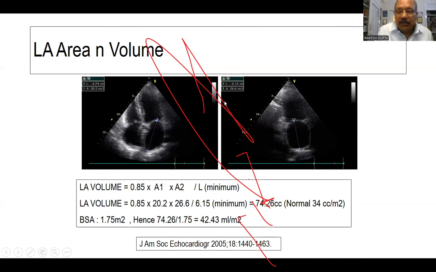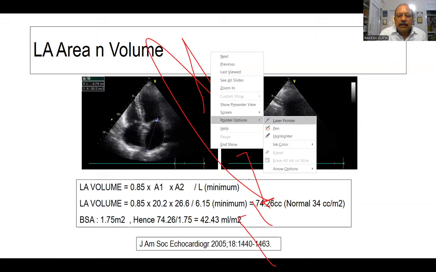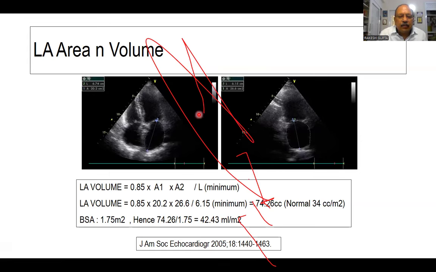Now, one more thing we are going to talk about in diastole is that we always look at LA volumes. So we look at an LA volume in the 4-chamber view and in the 2-chamber view, and the formula is 0.85 into area 1 into area 2.